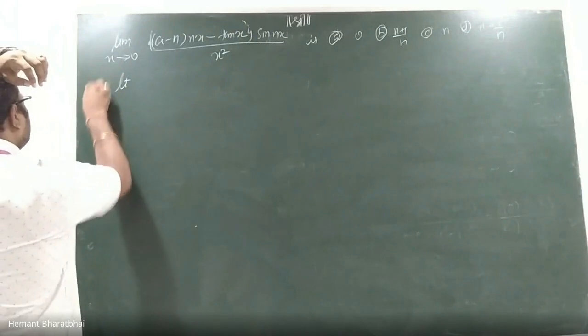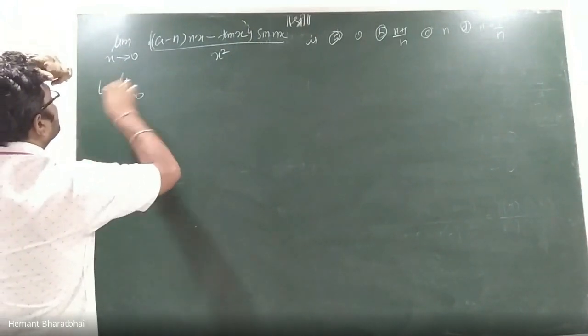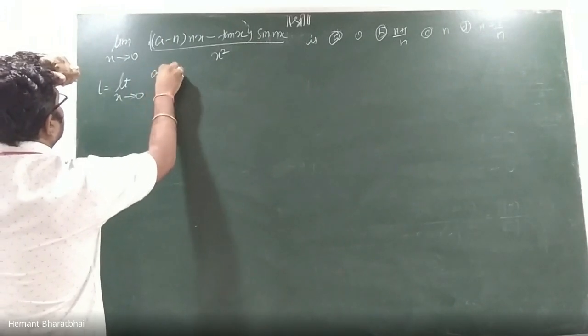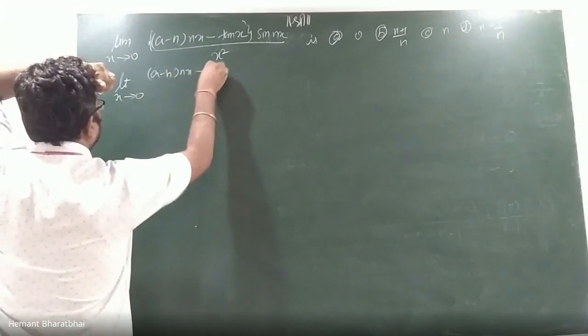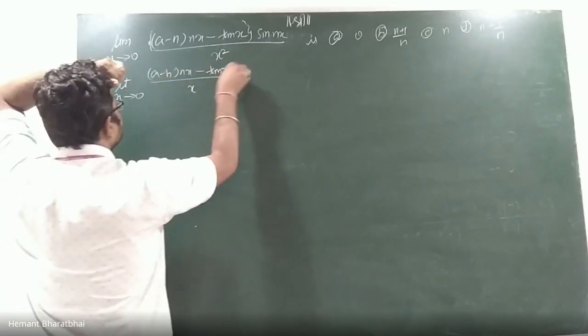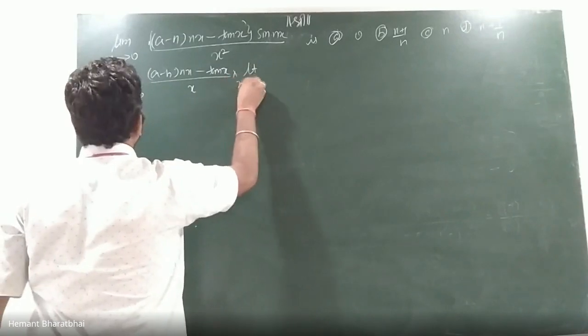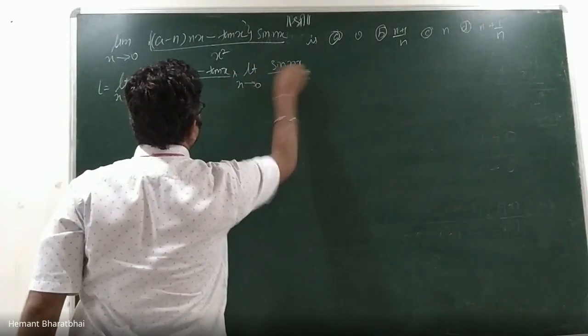I can write, let L is equal to limit of x tends to 0, what I'm doing is (a minus n) into (nx minus tan x) upon x, into limit of x tends to 0 sine of nx by x.